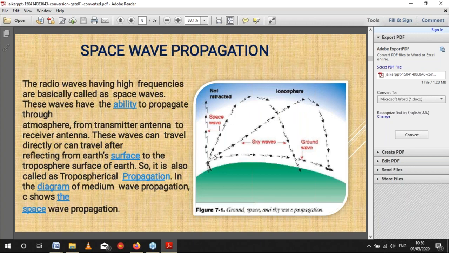They are in one small building, in one small room broadcasting, and you are getting it from every corner of the state where you reside, and you can tune from one station to another. This is as a result of the ability of the space wave to travel through the atmosphere from transmitter antenna to receiver antenna.